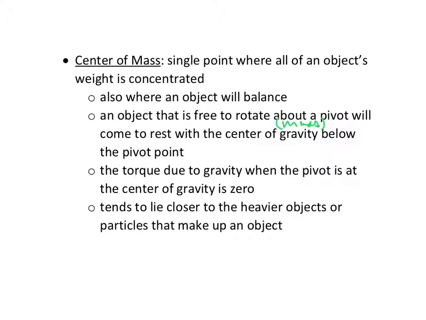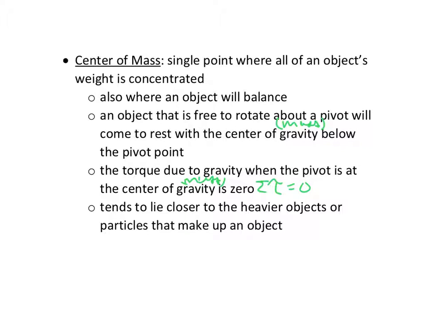The torque due to gravity when the pivot is at the center of gravity is 0. So all that means is that the sum of the torques equals 0. And again, this could also be mass. Your book uses the word center of gravity, so that's why you're seeing both here.